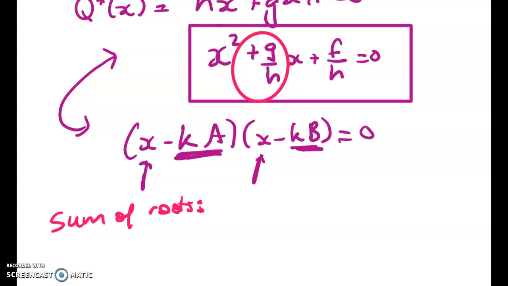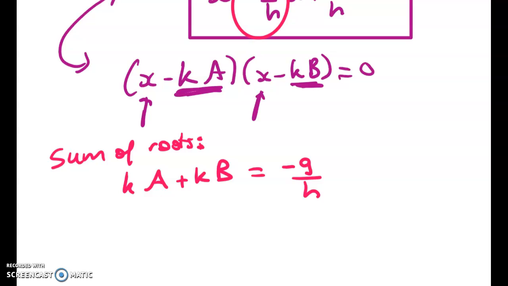So far I'm not wandering around blindly with this question, but I know that I can write down some statements about the roots in the two situations. So we've got ka plus kb, the sum of the roots in here, has to equal negative g over h. But I know something about a plus b from above, right? And I can see that I've got a common factor here of k times (a plus b). So k times (a plus b) is equal to negative g over h.